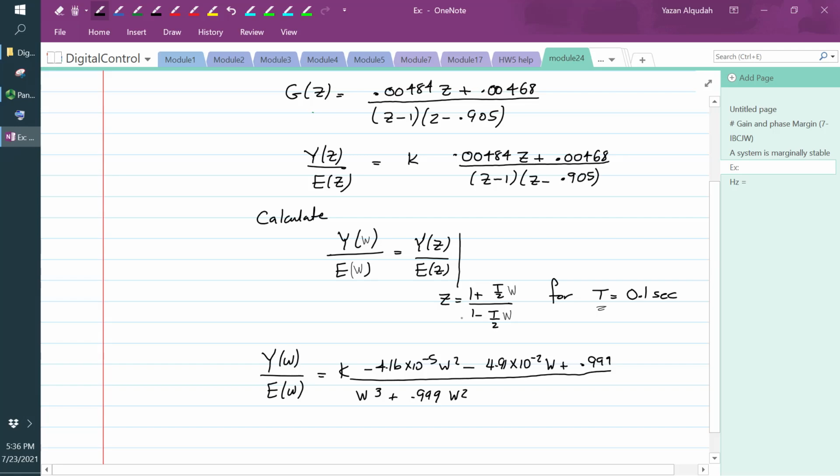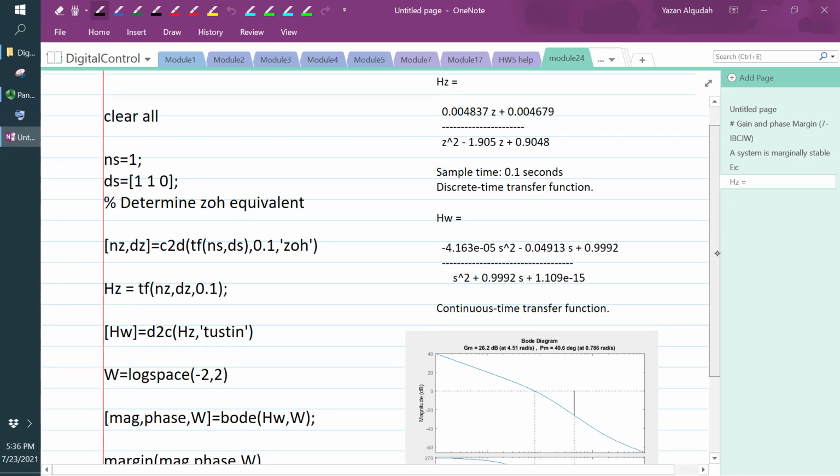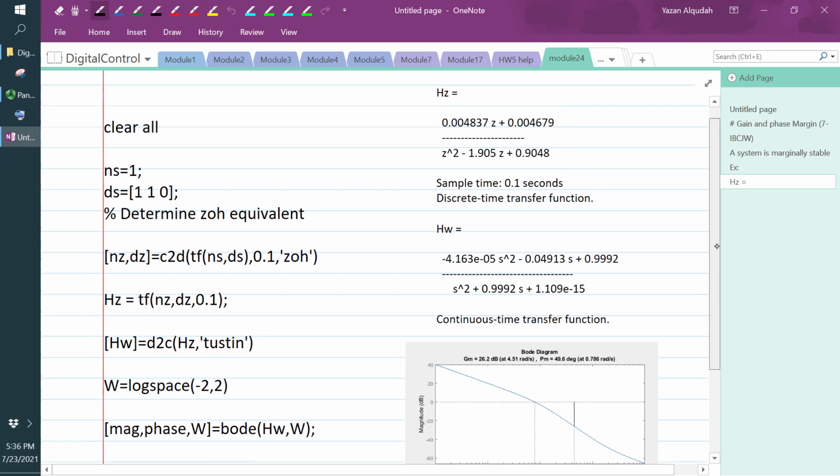So if I plug in for z with 1 plus 0.1 over 2 multiplied by w, over 1 minus 0.1 divided by 2 multiplied by w, I'm going to get Y of w over E of w, and this is the transfer function that I'm going to be getting. This is w and this is w. Now I can apply Bode plots to determine the gain margin and the phase margin.